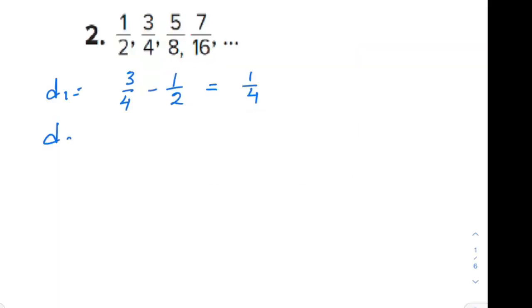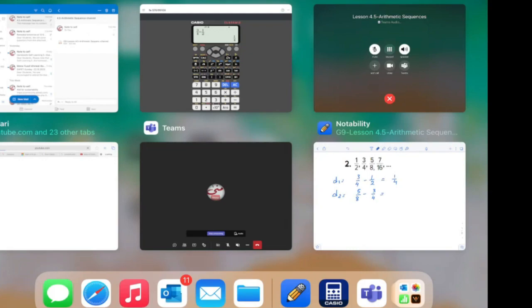Let's find the second difference. The second difference is 5/8 minus 3/4. Let's do it here.